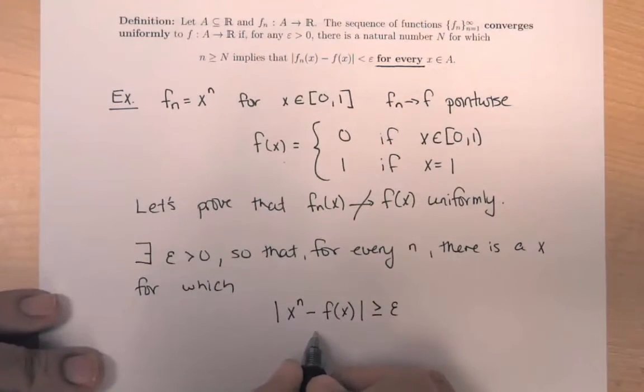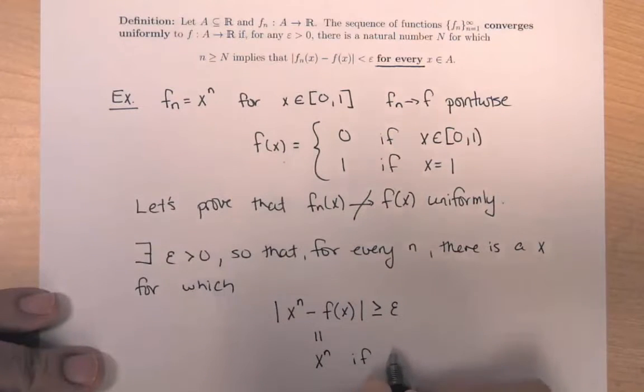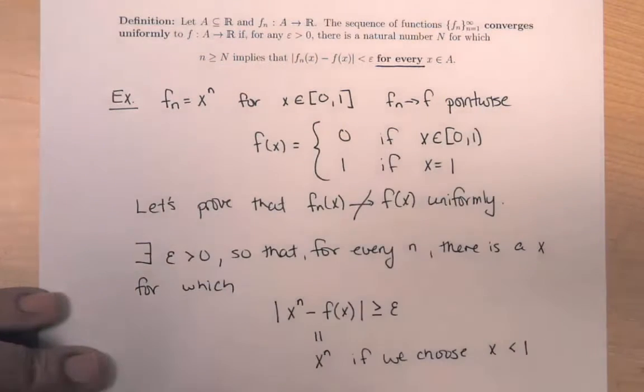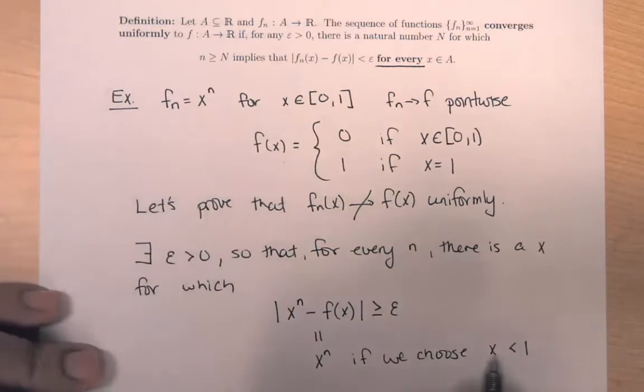Now, this equals x to the n if we choose x to be less than 1. And we will. I can find an x less than 1 for which this is true for every single n.